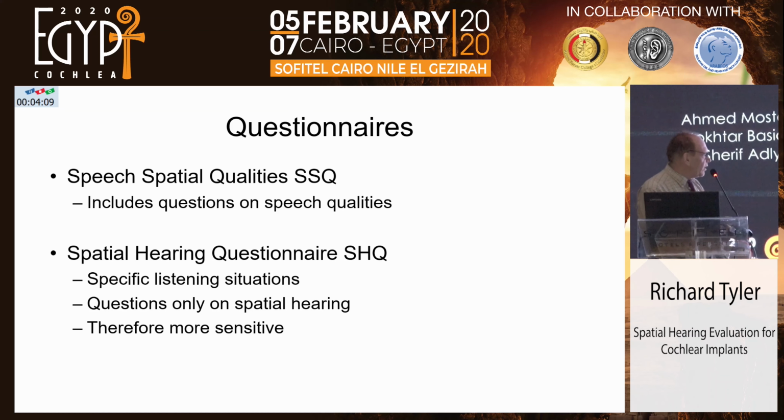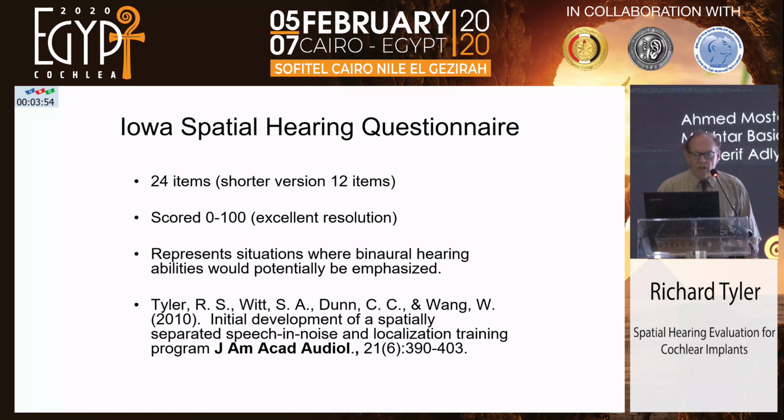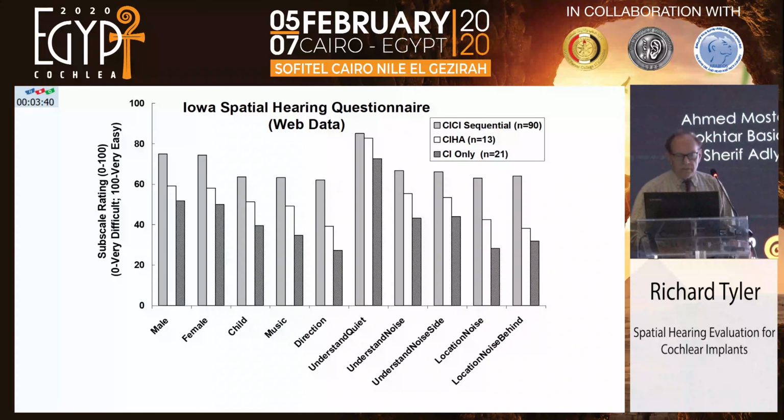So our spatial hearing questionnaire has specific listening situations and only has questions on spatial hearing, and therefore it is more sensitive to spatial hearing issues than the SSQ. There's a 24-item version and a 12-item version, scored from 0 to 100, so it has excellent resolution and represents situations where binaural hearing could be important.